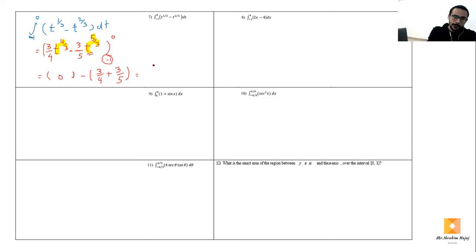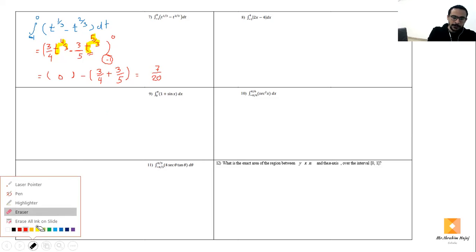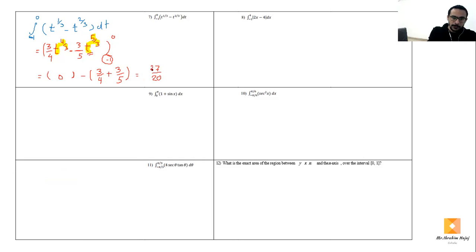Mister, right, it's negative 3 over 20. 37 over 20. Yes. 37 or 27? 27 over what? 20. Yes, over 20. Okay, simplify. Leave it like that, but it should be negative because there is a negative outside. Okay? Yes. Final answer.